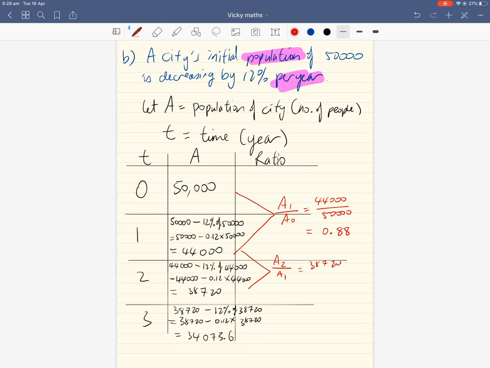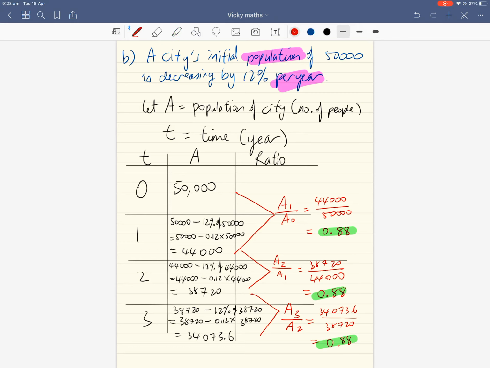We get 38720 over 44,000. Using a calculator, 0.88. Let's do one more for good measure, just to double check it's a constant ratio. And look, using a calculator, thank goodness we do have a constant ratio.